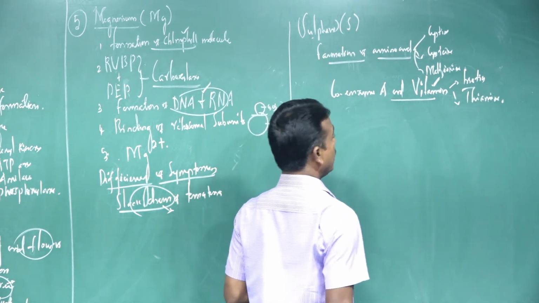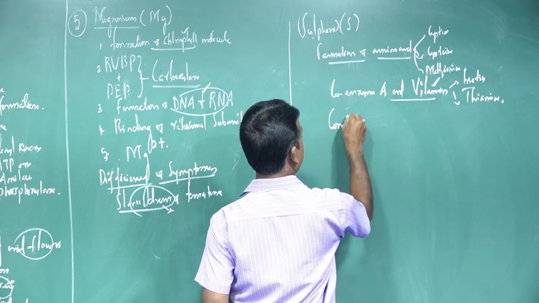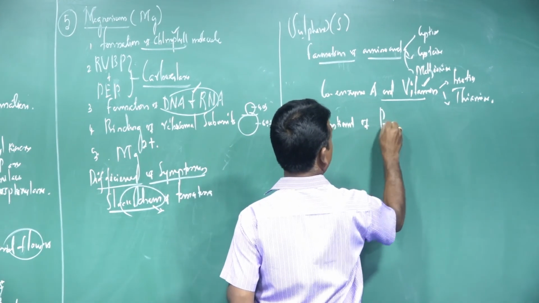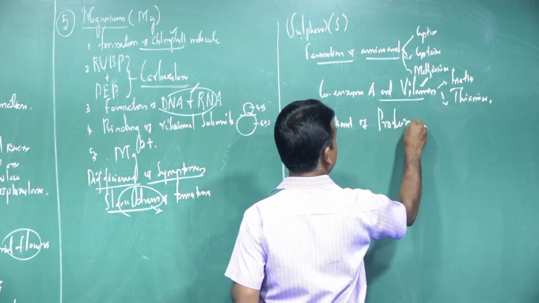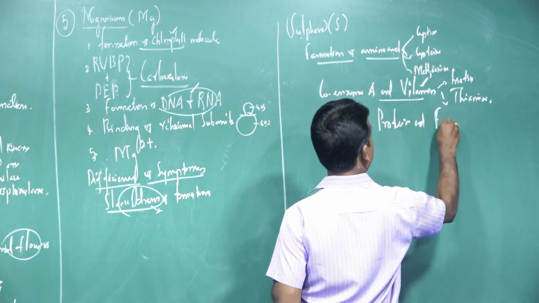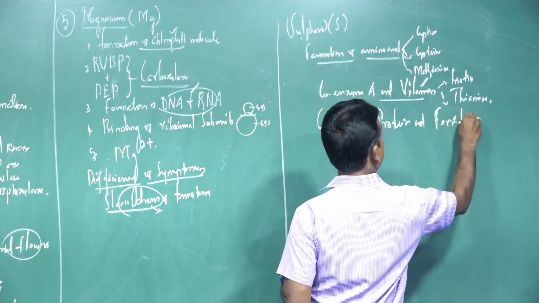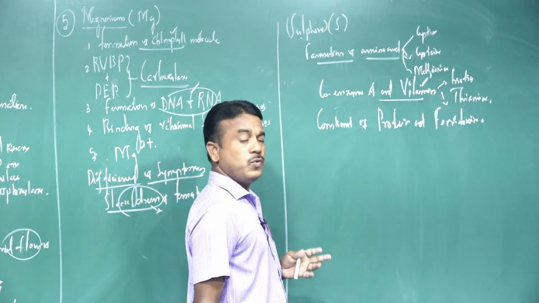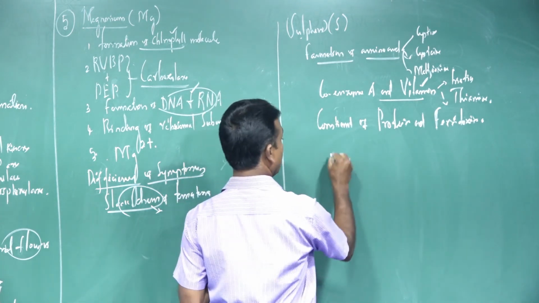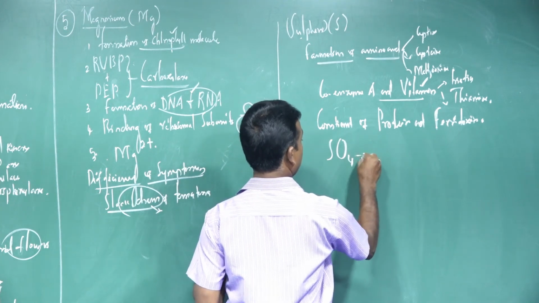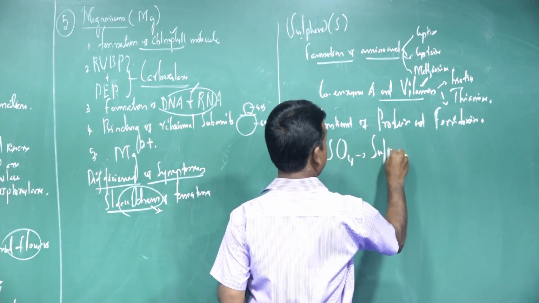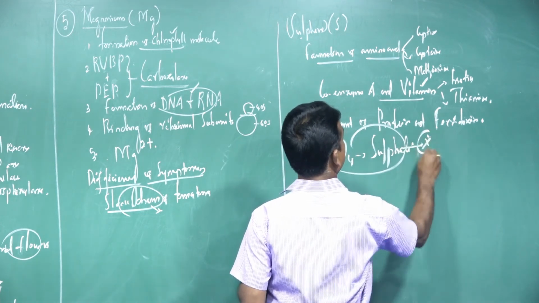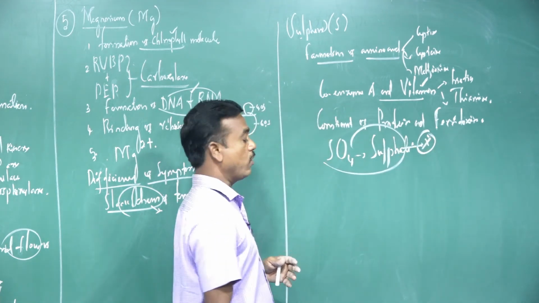In addition, it is the basic constituent of protein and ferredoxin. The plant takes it up as SO4, sulfate, the basic unit of sulfur.